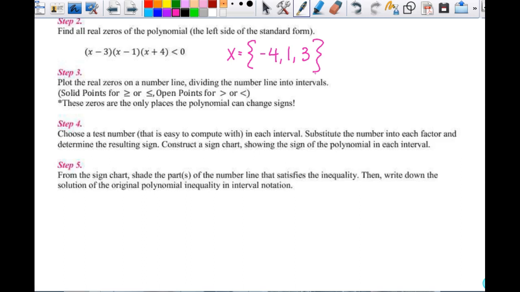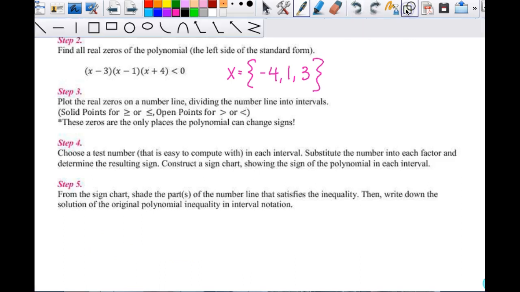So step 3 is to plot the real zeros on a number line, dividing the number line into intervals. And so that's what this space down here is for. And so I'm going to draw in my number line. Okay, let me redo that. I'm drawing a line that's maybe a little straighter here. Okay, so there's a line.